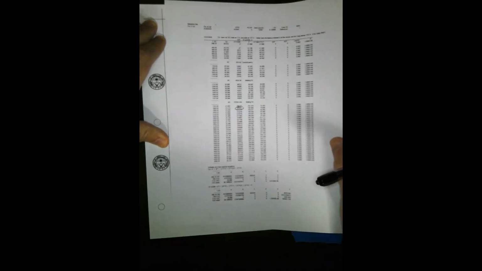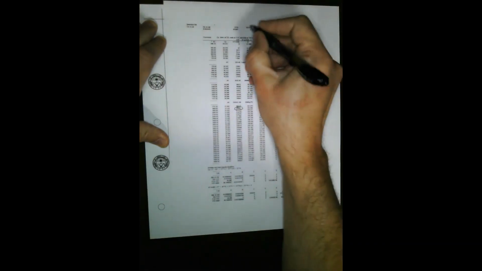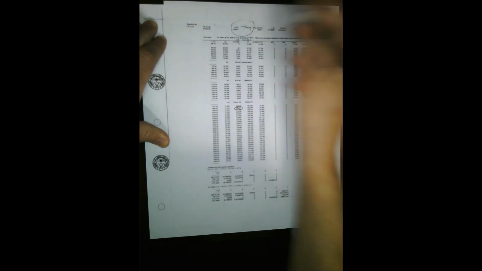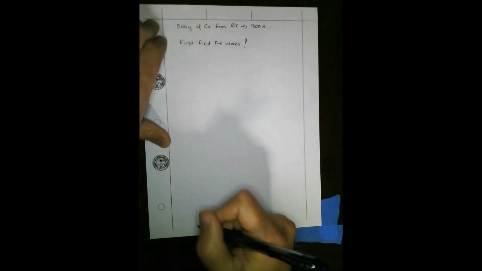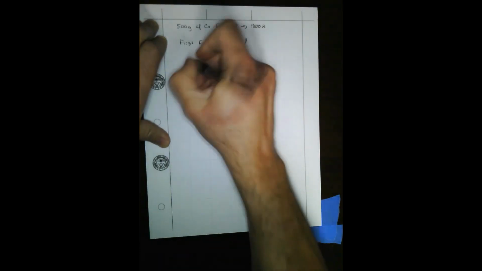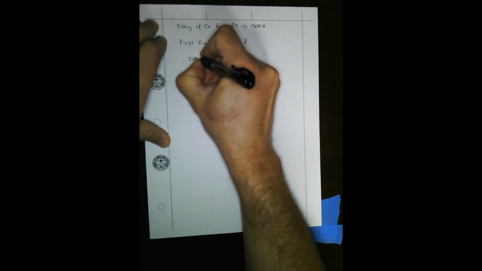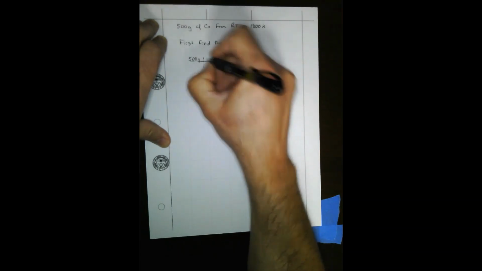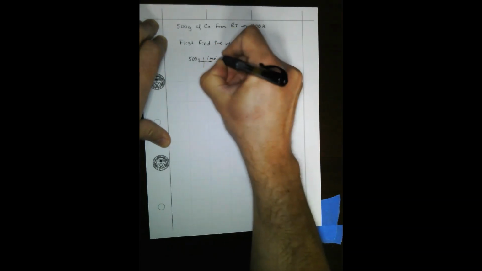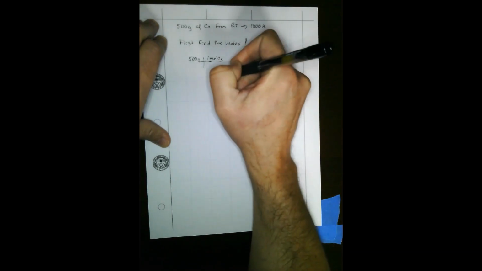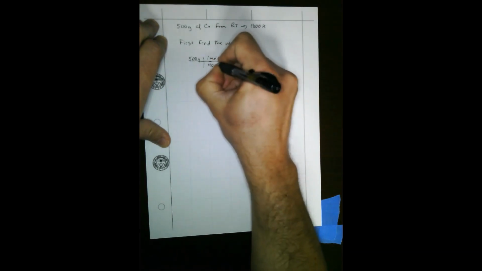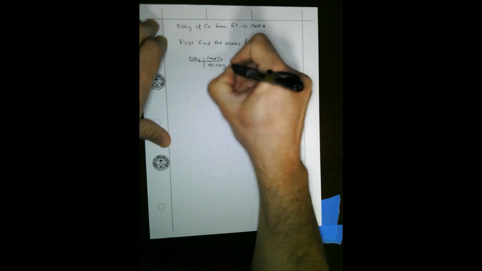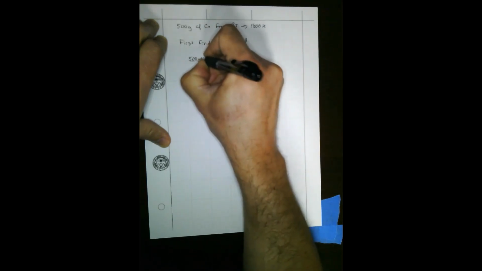You can also get it off of the thermodynamic table here, where it's called GFW. So we can use our basis of 500 grams. It's given. And we know that 1 mole of calcium is about 40.08 grams of calcium.